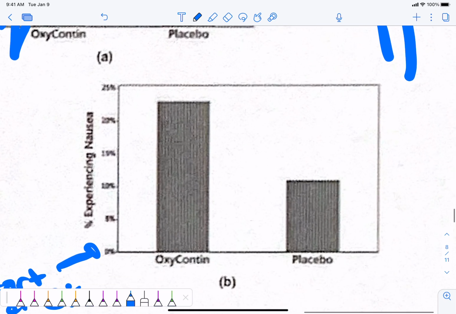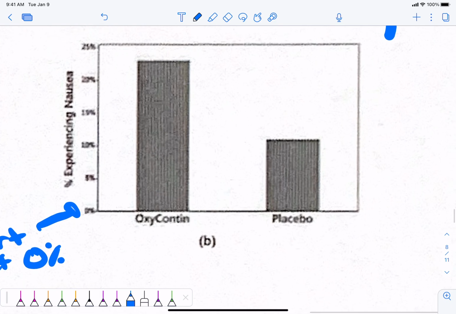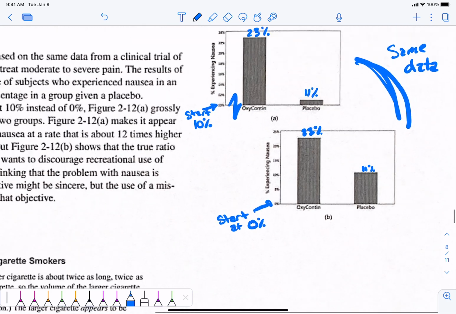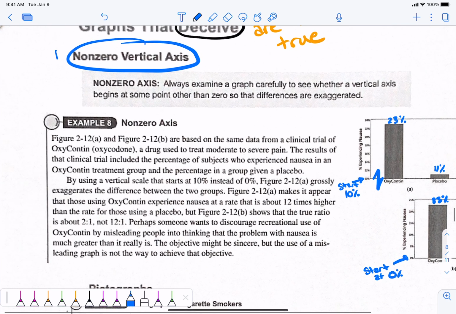If we look at the actual graph, this is still 11%, this is still 23%, but now it doesn't look as drastic of a difference, right? Do you see how that could be deceiving? Yes? Okay, so that occurs when you have a non-zero vertical axis. You don't ever want this. You can have a non-zero x-axis or horizontal axis, but you don't ever want a vertical axis that is starting at something other than 0. Make sense? Okay? All right, let's go on down.